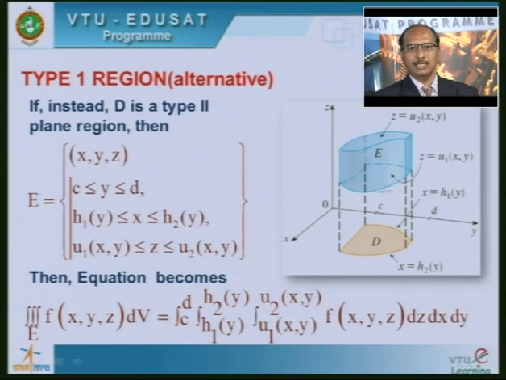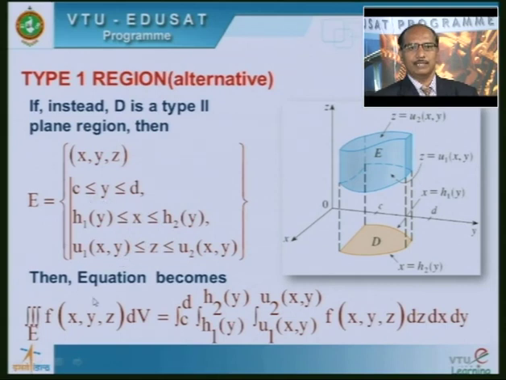The solid region is fixed along the z axis in space, and its projection D is again the same. There are two types of region, type 1 and type 2, as we have seen in the double integral evaluation. So, E is expressed with the y limits as constants c to d and the x limits as functions of y. The z limits are the same.